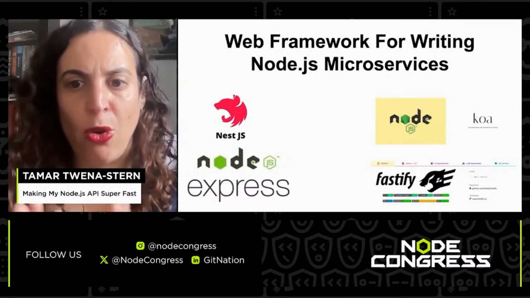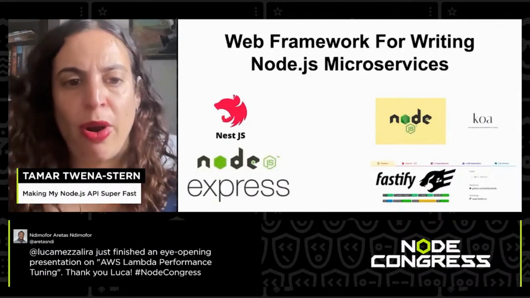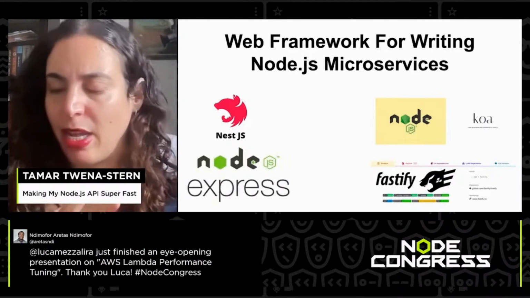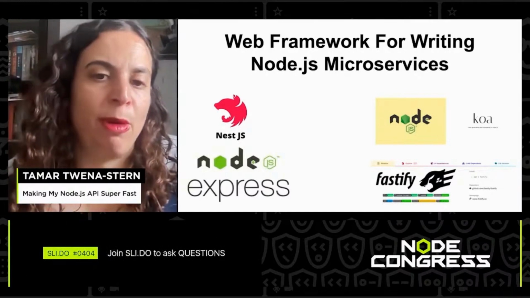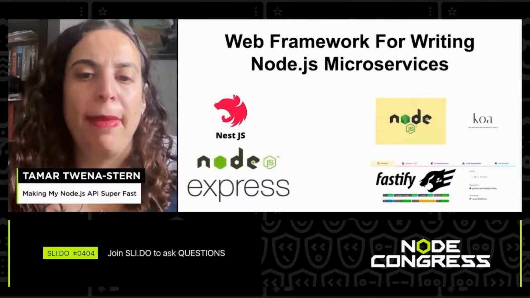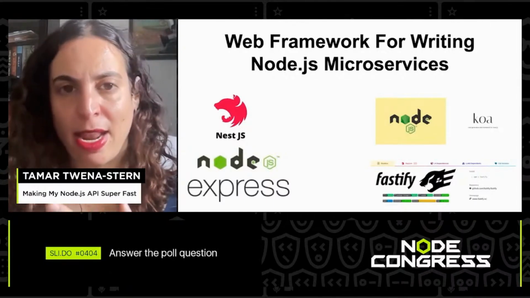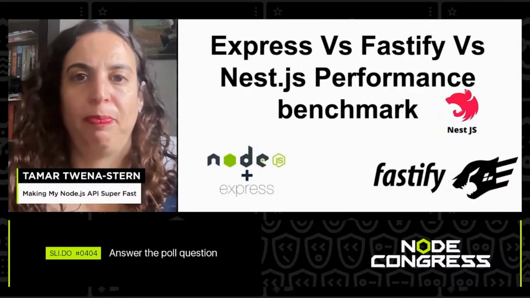That was quite a long time ago. And I know that the first tutorial is Express, but we have a lot of other interesting players in the market. We have Nest, we have Fastify, we have Koa. So maybe if we take something else, it can give us an advantage that we need.